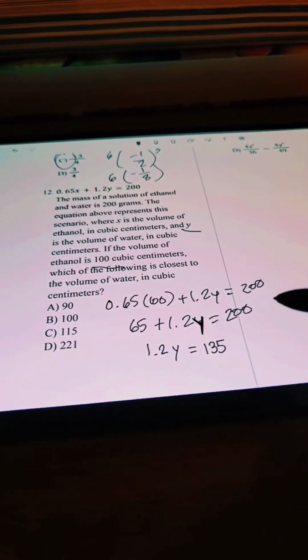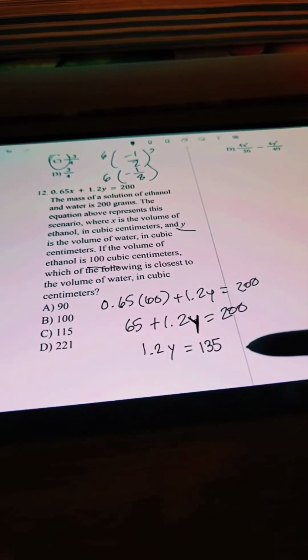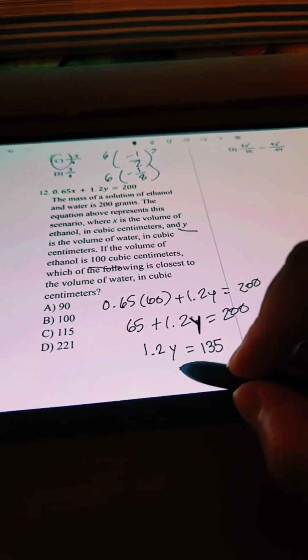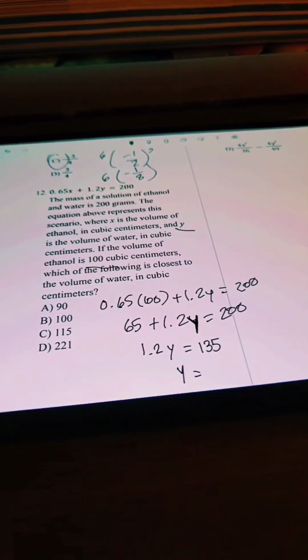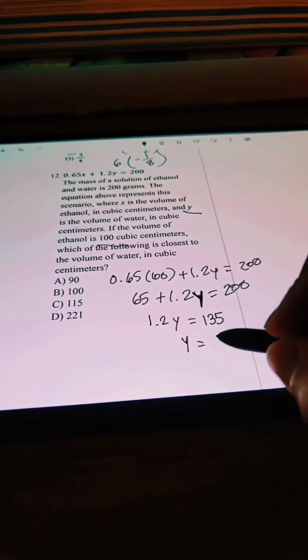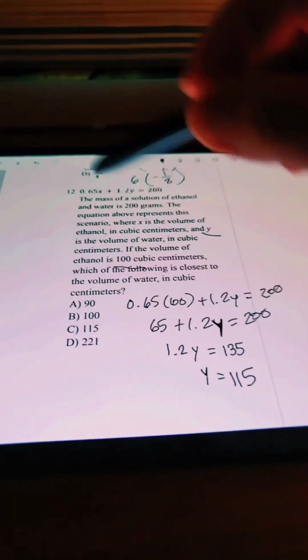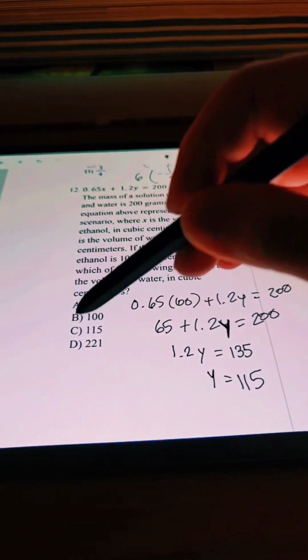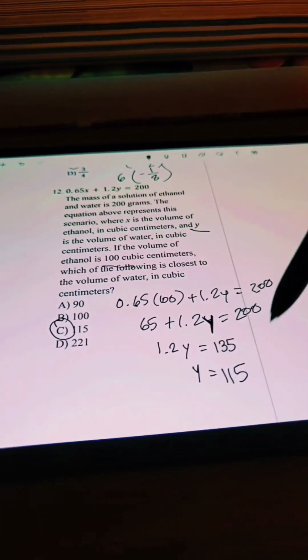And then I'm going to divide each side by 1.2. And then if I divide each side by 1.2, that's going to be 115. Or the closest it's going to be is to 115 right there.